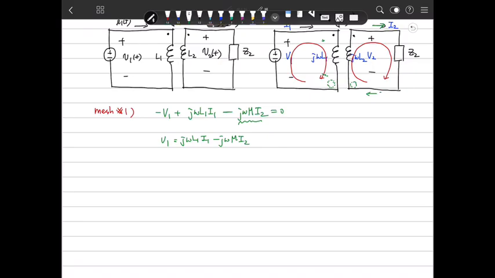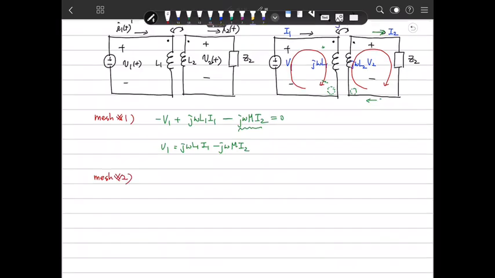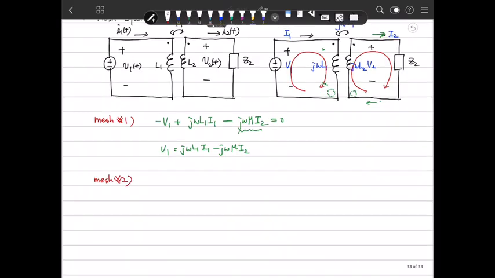Then how about mesh 2? Mesh 2. We have minus V2 plus G2 I2 is 0.